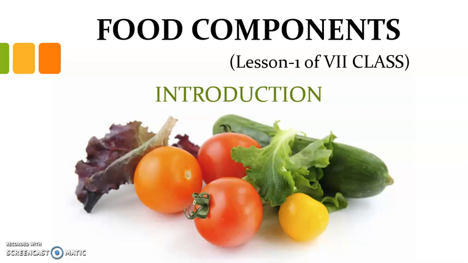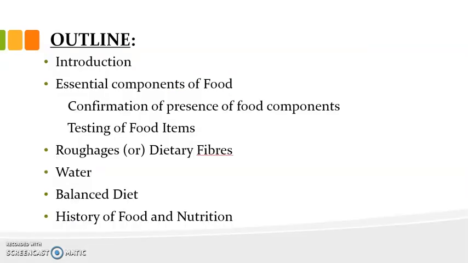In this lesson you will study in somewhat more depth compared to the food lesson of 6th class. So let's go to the outline to know the points we will discuss in this lesson. Here, this is the outline of the food components. First of all, we will discuss generally the introduction part.